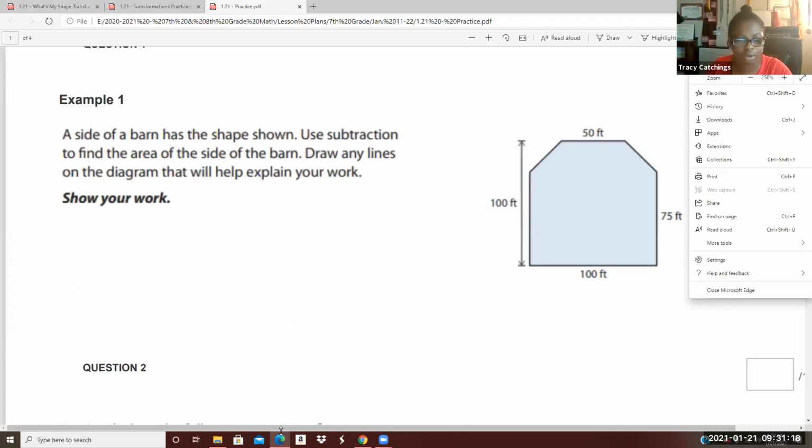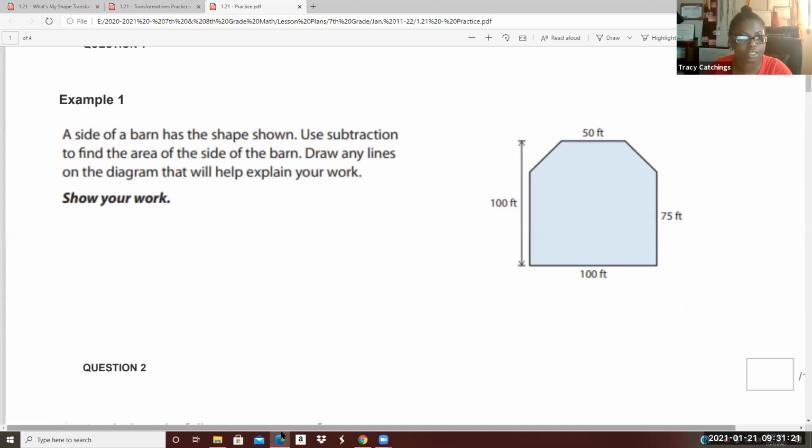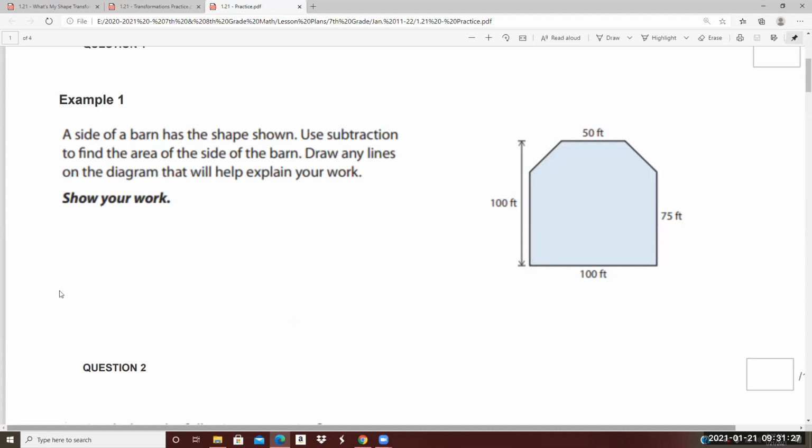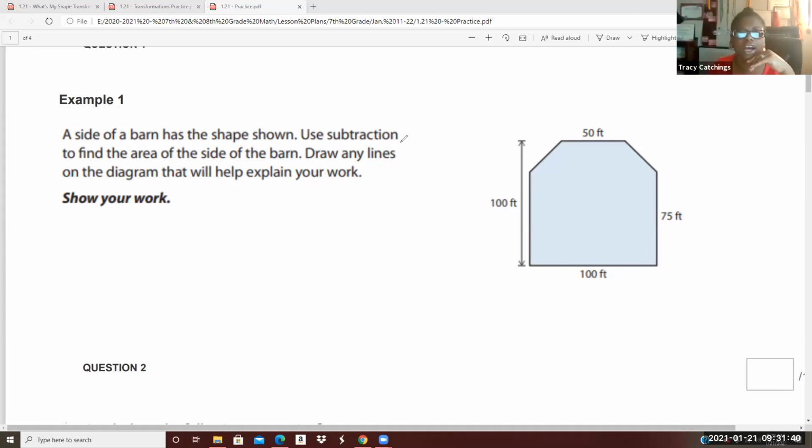Those of you that have made it there and can see my screen, or have it on your screen, you will read example number 1, 2. A side of the board has a shape shown. Use subtraction to find the area of the side of the board. Draw any lines on the diagram that will help explain your work. Great job. Jamal, I love how you stated earlier that one thing you learned from yesterday was that we add.